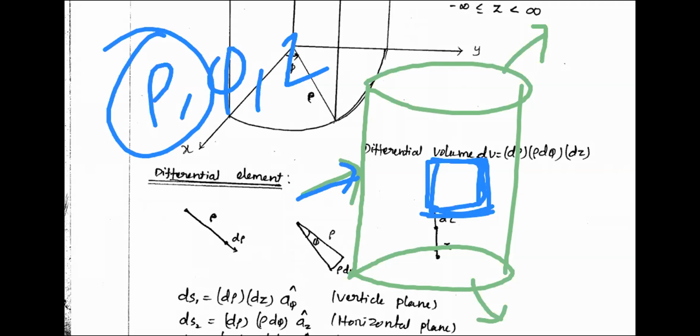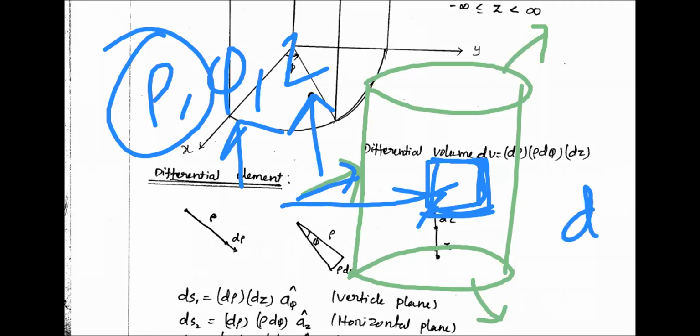So what is the idea? If I am choosing some small surface on the lateral surface, what will be the variables? Phi will be variable and z will be variable. That's why, for the lateral surface, d phi and dz are variable. What is the unit vector for this lateral surface?